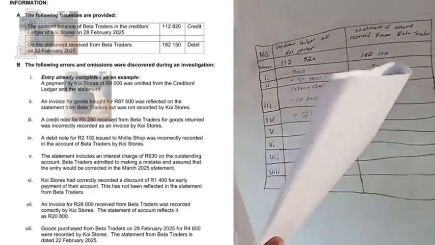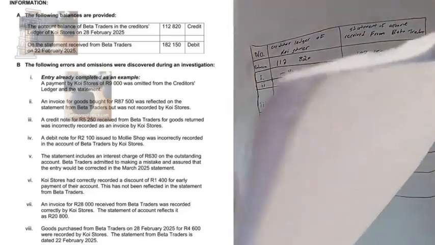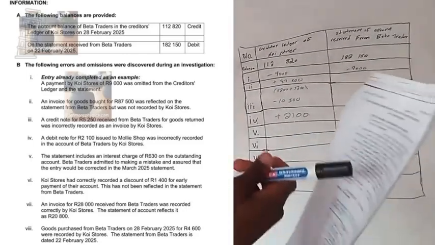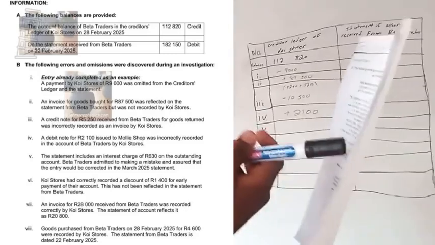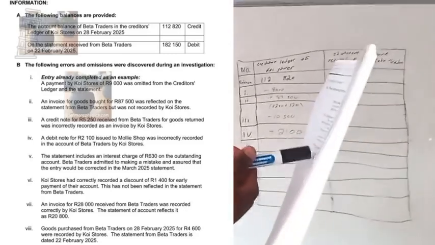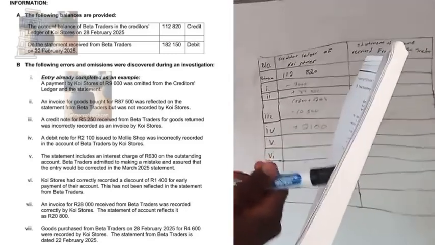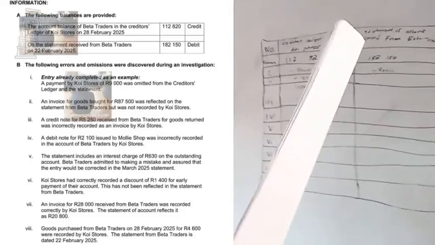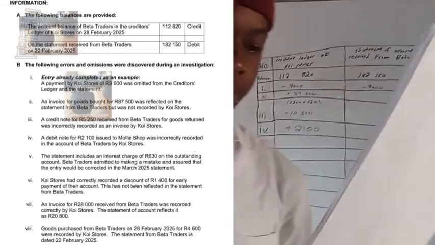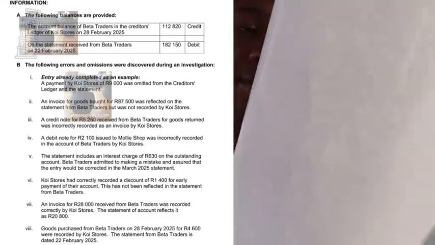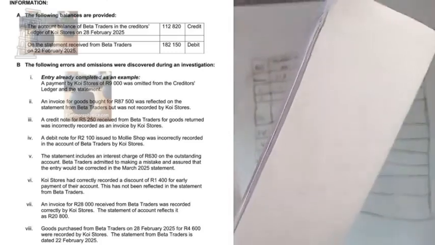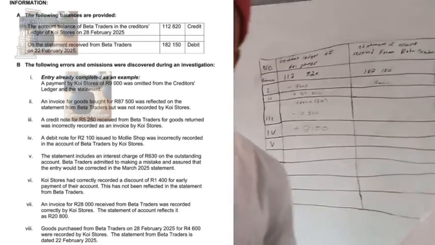Okay, Roman numeral 5. The statement includes an interest charge of 630 on the outstanding account. Beta Traders admitted to making a mistake and assured that the entry will be corrected in the March 2025 statement. Okay, guys, so here, Beta Traders charged us interest of 630 for our outstanding account, for the money that we have to pay them.